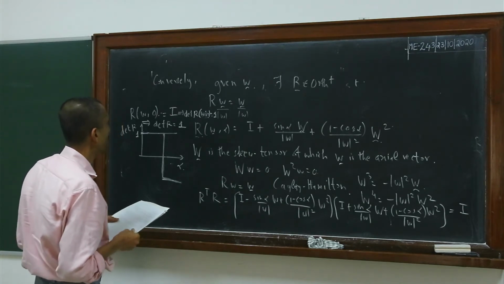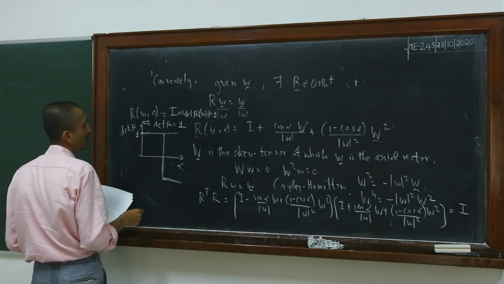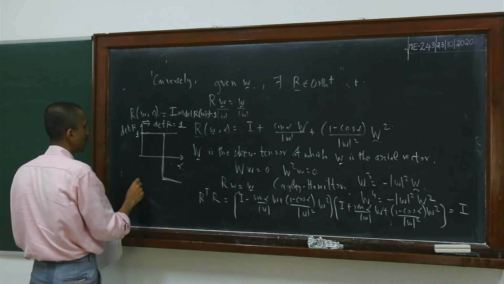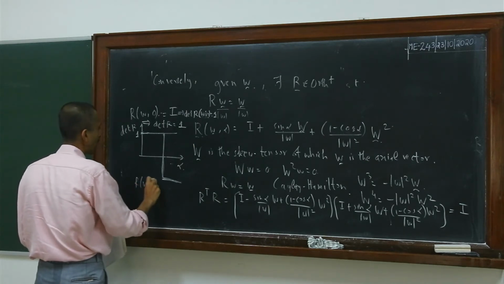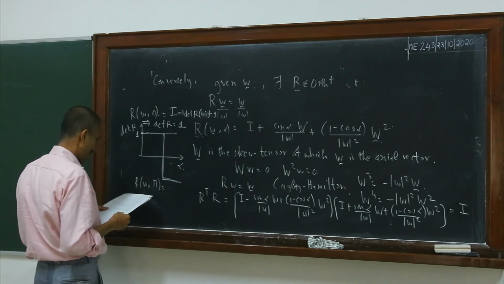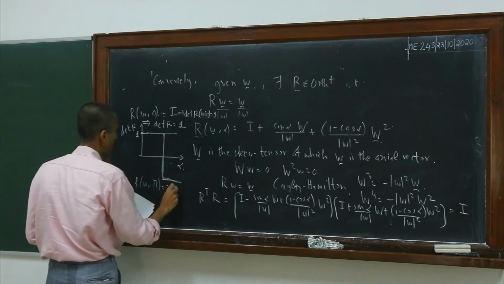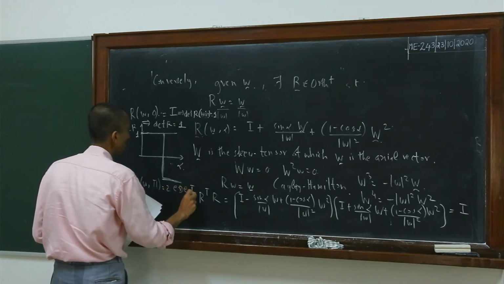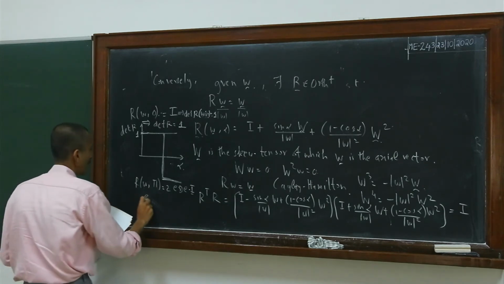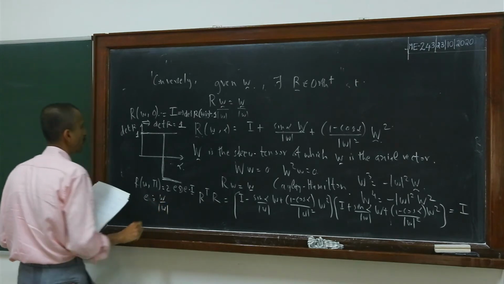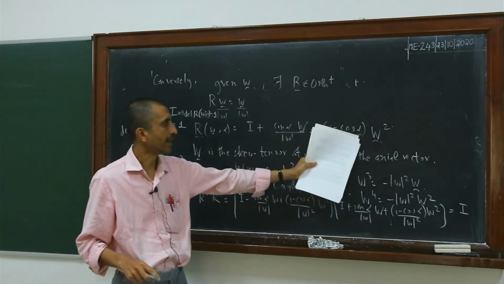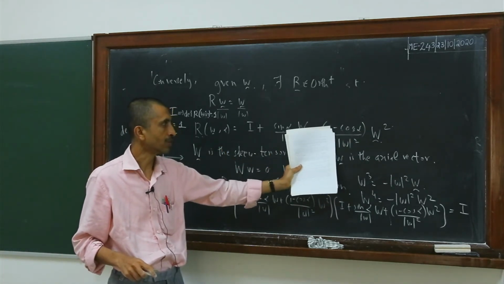So actually, quite interestingly, I had mentioned this most general form of R when it is symmetric. If you write R of W comma pi, if you put pi there, then you will get that this is 2 times E dyadic E minus I. So you will get the most general form for when alpha equal to pi, with E being W by W. If you substitute pi, this term will go to 0, and cos pi will be minus 1, so this will become 2, and so on.